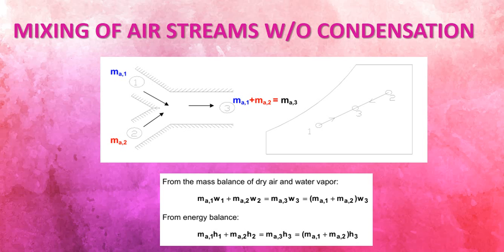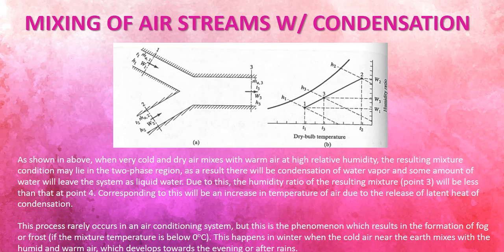So this is it. The energy balance is patterned from the mass balance in terms of water vapor, and we just change the humidities into enthalpies. So you have already the enthalpies. This is in the case of mixing without condensation.